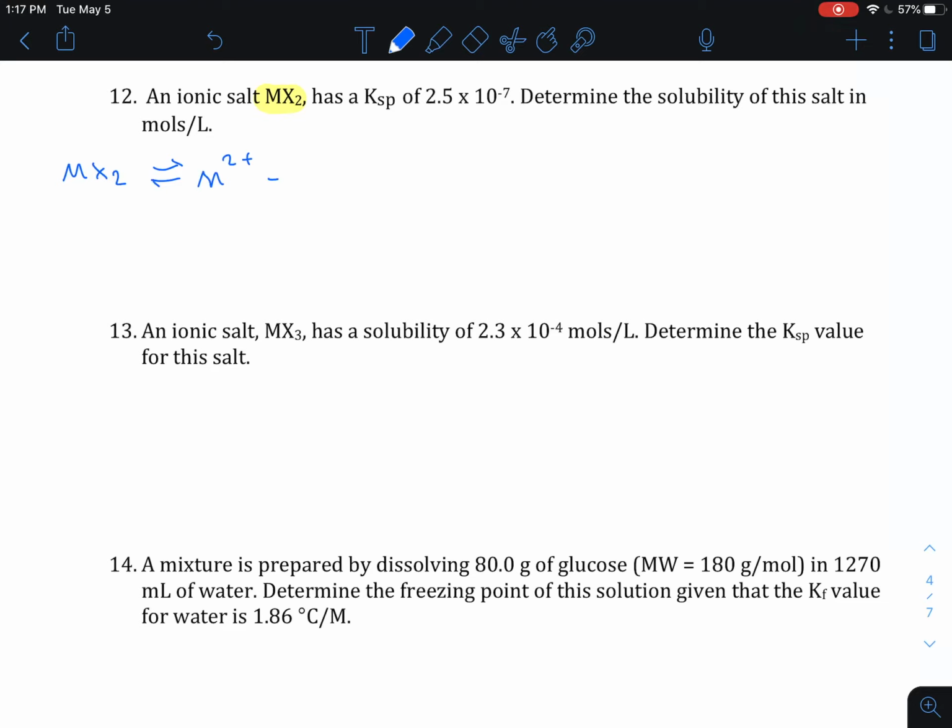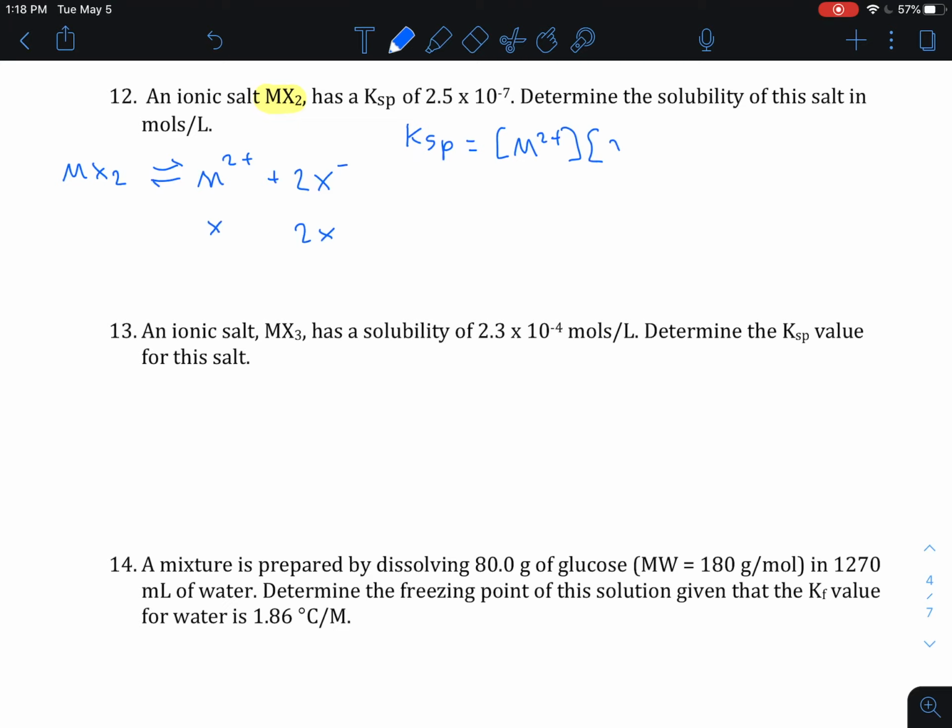So if we're talking about MX2, we can imagine it's breaking apart into 1 mole of M, we'll call it 2+, and 2 moles of X, just based on the coefficients. And that means x moles of M2+ and 2x moles of X minus are being released.